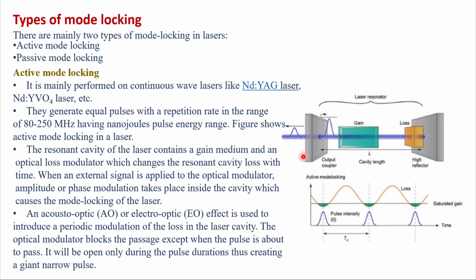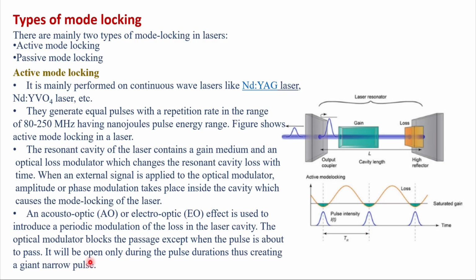Now about the loss modulator. This is the optical loss modulator, which uses an acousto-optic or electro-optic modulator that periodically changes the loss inside the cavity to actively synchronize the modes. The modulator is driven at a frequency equal to the cavity's round trip frequency. The optical modulator blocks the passage except when the pulse is about to pass.